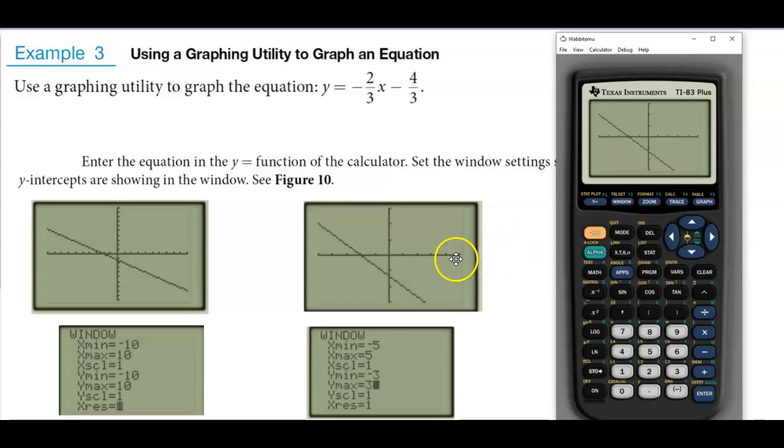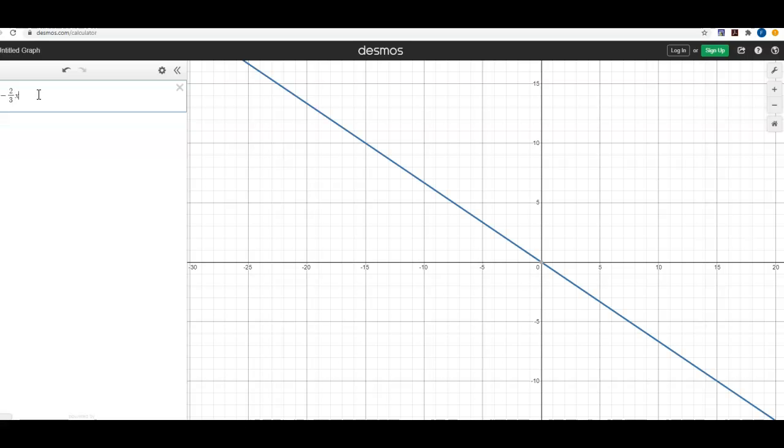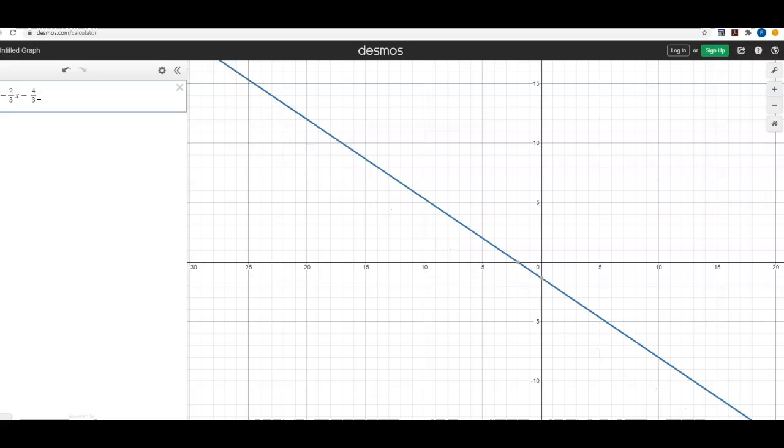Now, if we want to use Desmos, we can come in here and we can type in our fraction. So the cursor, you want to move the left and right arrows to make sure you can put the variable x in there. And then we're going to subtract and then put in 4 divided by 3.